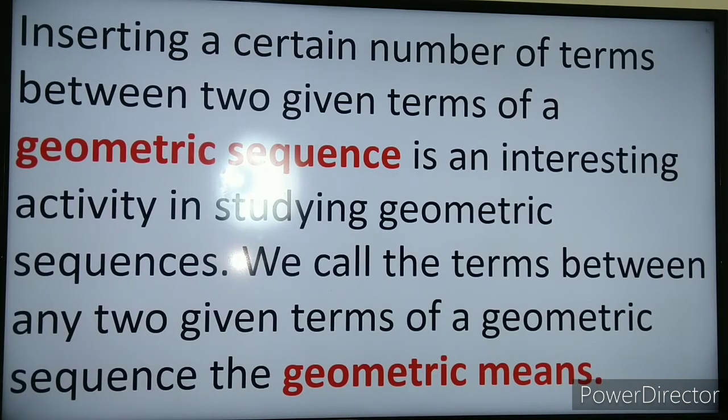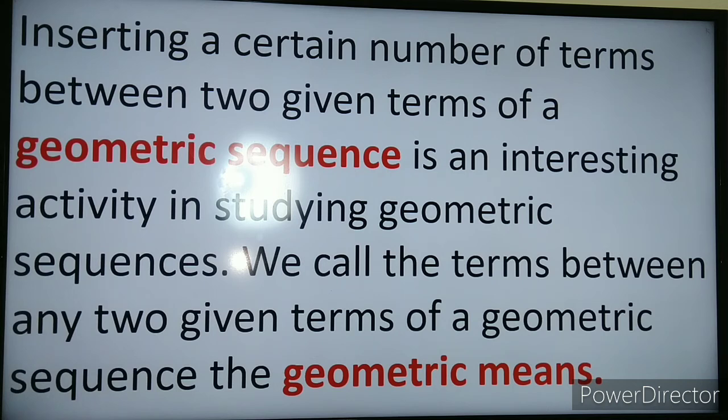Inserting a certain number of terms between two given terms of a geometric sequence is an interesting activity in studying geometric sequences. We call the terms between any two given terms of a geometric sequence the geometric means.